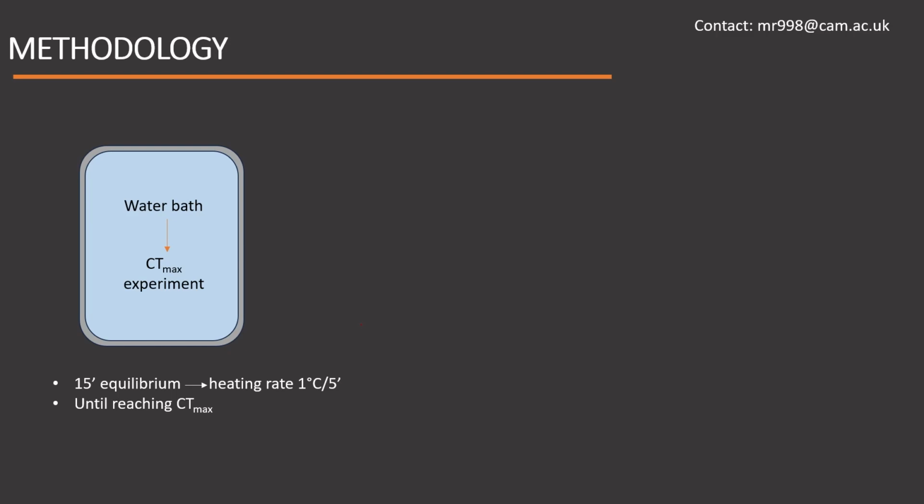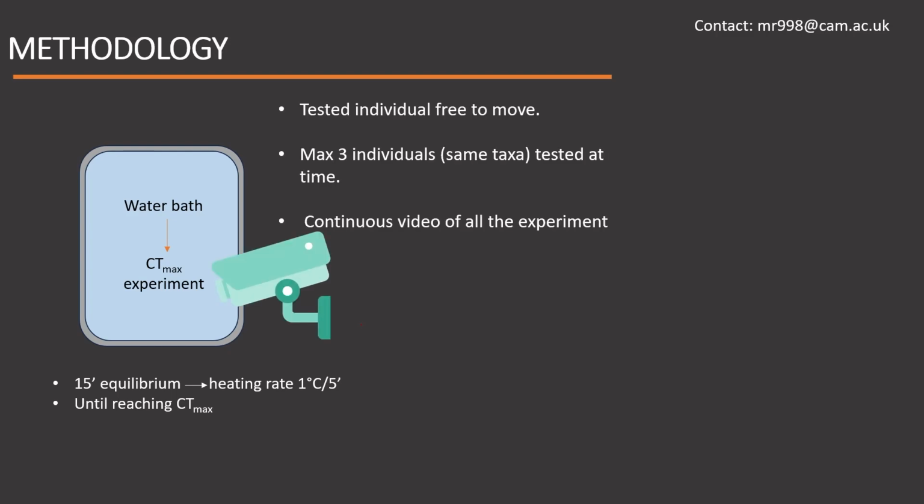We did a simple critical thermal maximum experiment in our water bath where we left individuals for 15 minutes at equilibrium, and we then started heating the water by 1 degree each 5 minutes until they reached their critical thermal maximum. But again, we left the individual free to move within the water bath. We tested a maximum of 3 individuals at a time of the same taxa, and we just very basically took a video of the experiment with a phone.